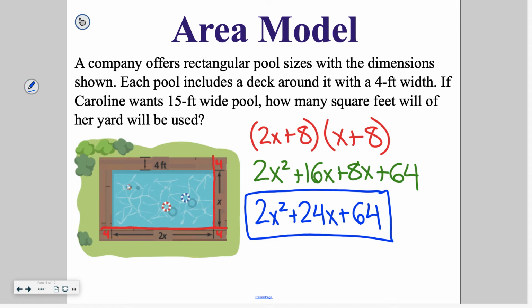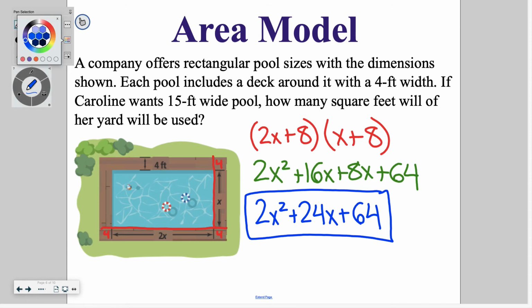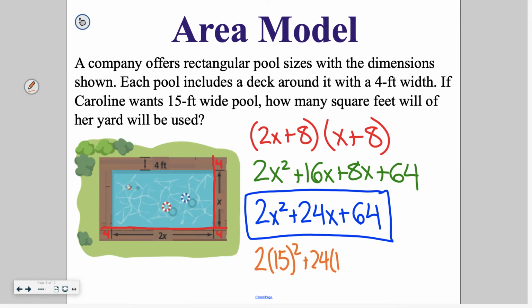I want you to go ahead and solve then for how many square feet you would need if the width of the pool is 15 feet. So what that means is you're going to take that 15 and plug that in for x. So we're going to do 2 times 15 squared plus 24 times 15 plus 64.